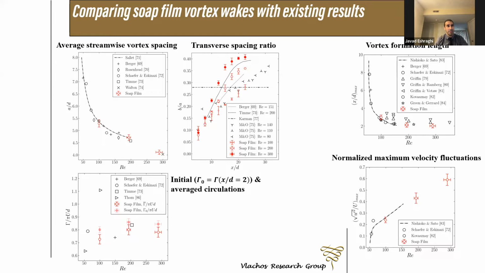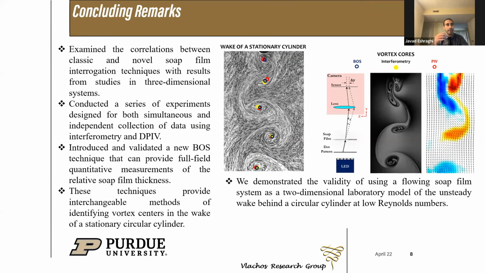So I can summarize the contribution of this work. The main contributions of this work can be summarized as, for example, validating the use of a flowing soap film system as a 2D laboratory model of flow past the cylinder at low Reynolds number.